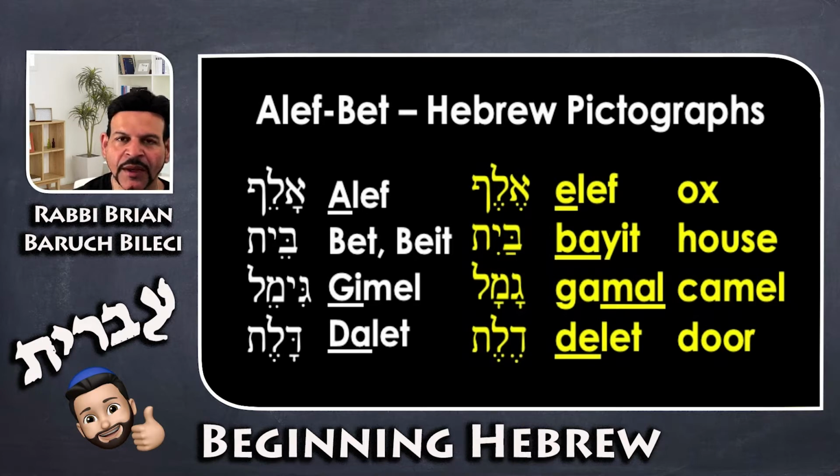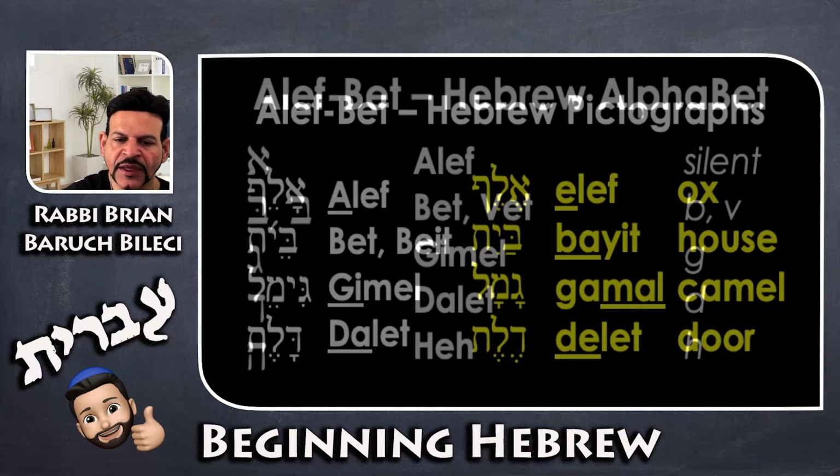Aleph, Beit, Gimel, the Aleph, the Bait, and the Gamal. And then there's the letter Dalet for the D, which is the picture of a door in Hebrew, Delet. So you can see that Dalet is to look like the picture of a Delet. Gimel, the picture of a Gamal. Beit, the picture of a Bait. And Aleph, the picture of an Aleph, one of the Hebrew words for ox.